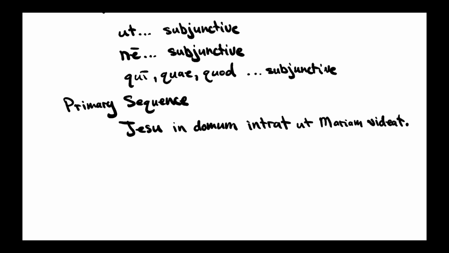And so you can see our clause. We've got ut, and then we've got our subjunctive, videat. So you've got our primary clause, Jesu in domum intrat, and that's just a present tense intrat, ut Mariam videat.